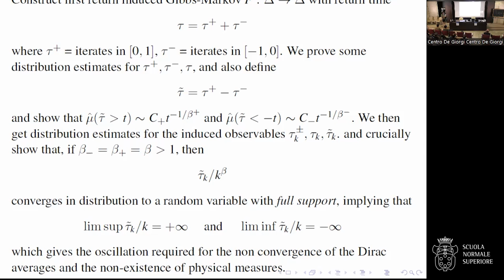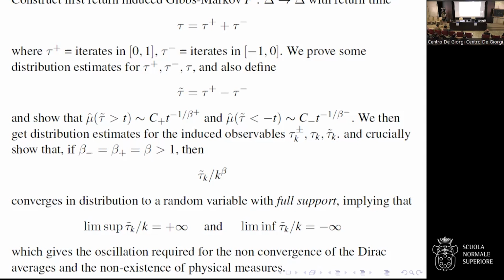And the most important thing we show is that if we take the induced distribution, right? So we take the distribution when you look at an orbit, and this tau tilde depends on just where one point is, because it depends on the inducing time, and then you look at its image. So you take the average induced observable, and the induced observable converges in distribution to a random variable with full support. Okay, so basically we are showing in the end that this is going to get arbitrarily large both in positive and negative time.